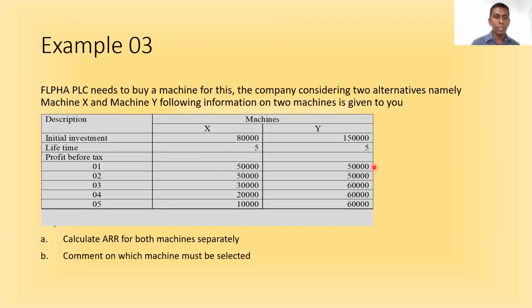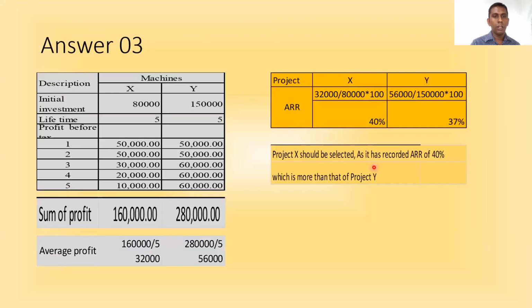Based on this, you can calculate accounting rate of return, right? Look at how you can calculate it. Again, my dear students, you need to take the sum of profit. For project X, how can we calculate the sum of profit? You need to take the sum of these 5 figures, that is 160,000.